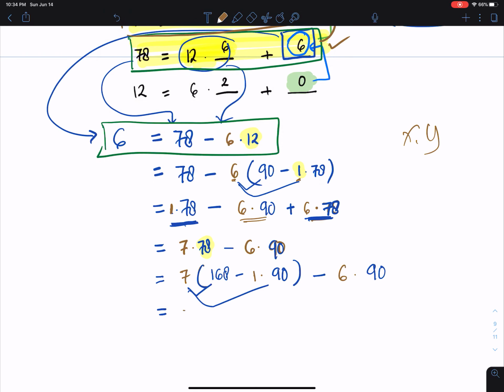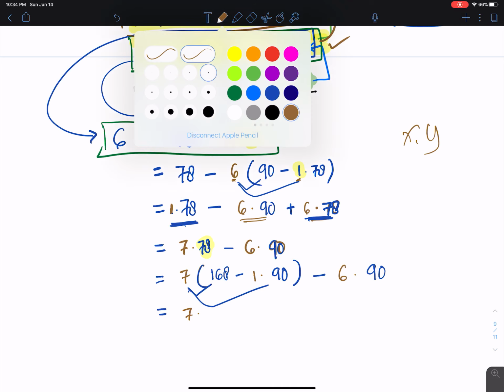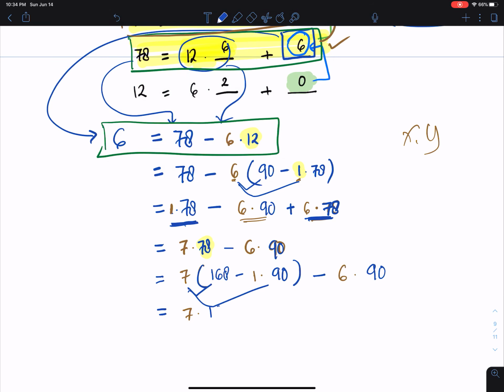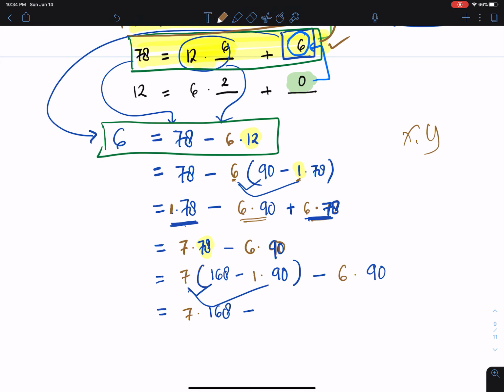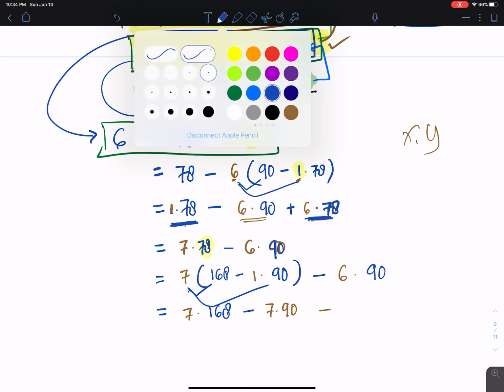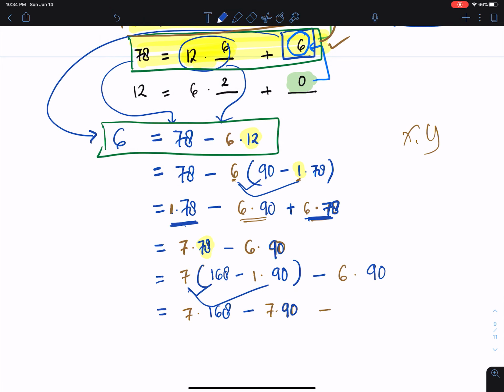We get 7 times 168 minus 7 times 1 will be 790, minus, sorry, I supposed to use this one, minus 690. All right, so we simplified again.